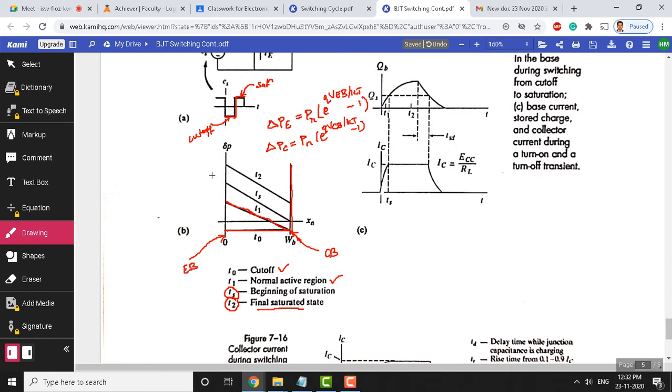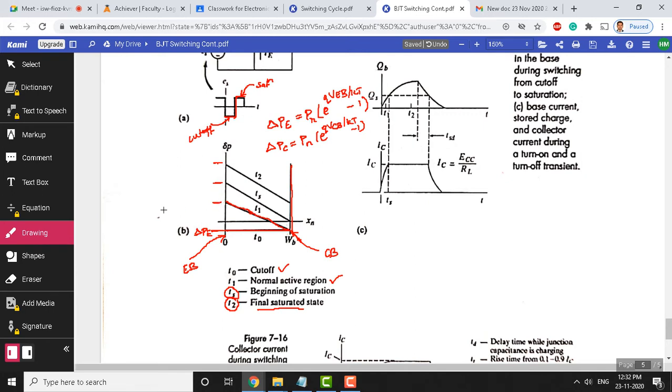So, this height delta P keeps changing under the different modes. You can see this is delta P and this is delta P. Again here we have different values. First note, under T naught, this is delta P, and this is going to be the cutoff region. This is delta P under the cutoff region, and delta P has increased, the excess hole distribution, in the normal active region.